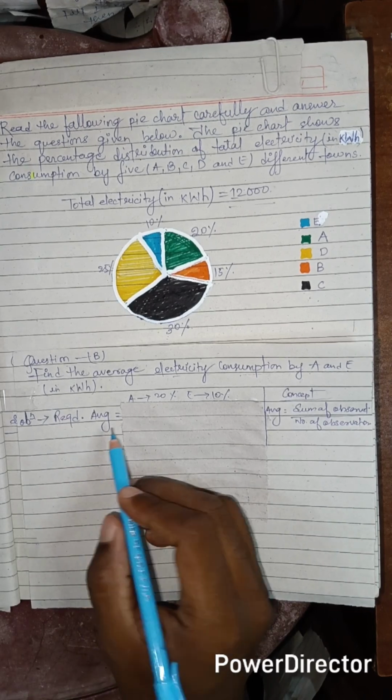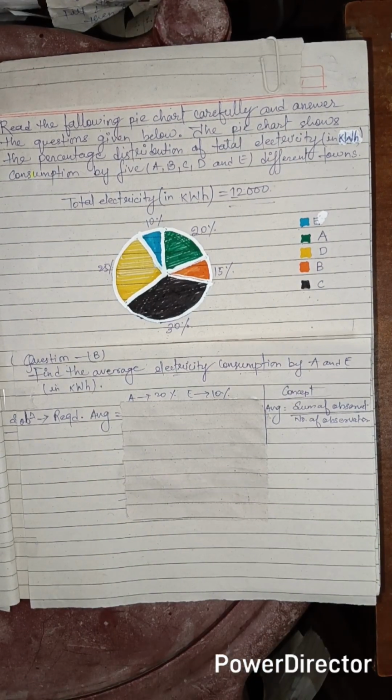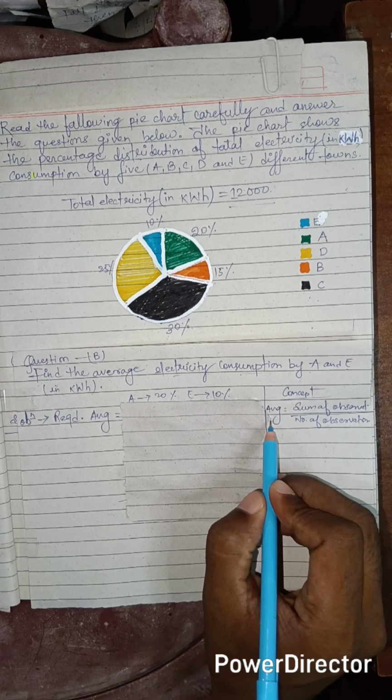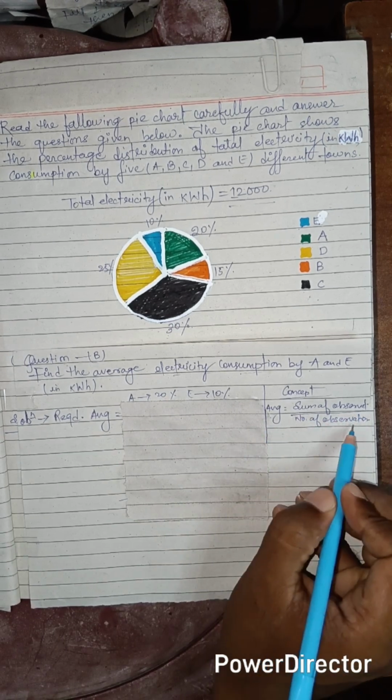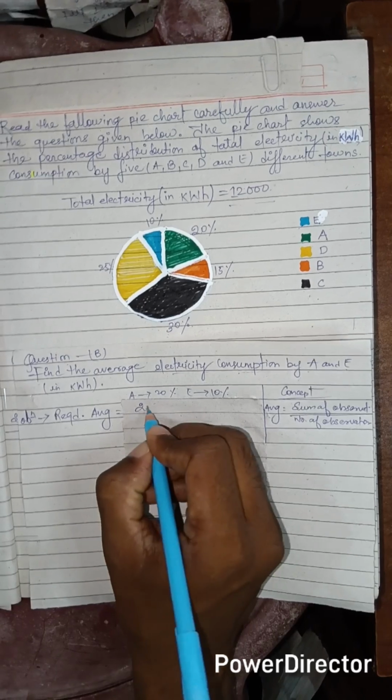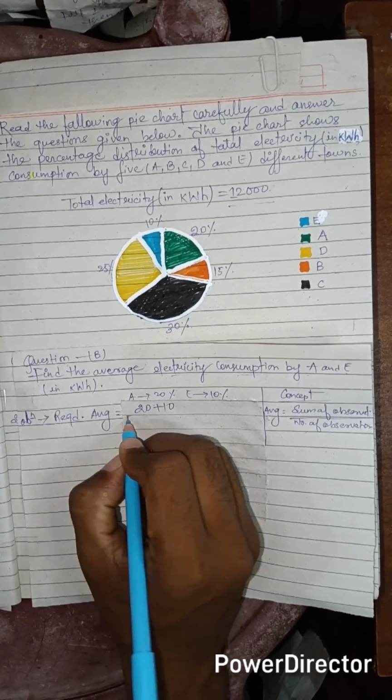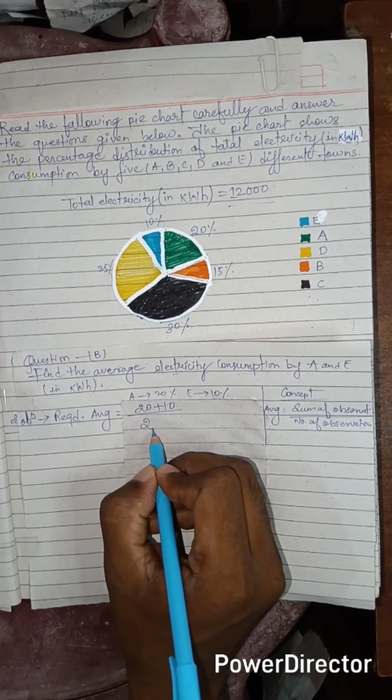We know the concept: average is equal to the sum of the observations divided by the number of observations. The sum of observations is 20 plus 10. The number of observations is 2.